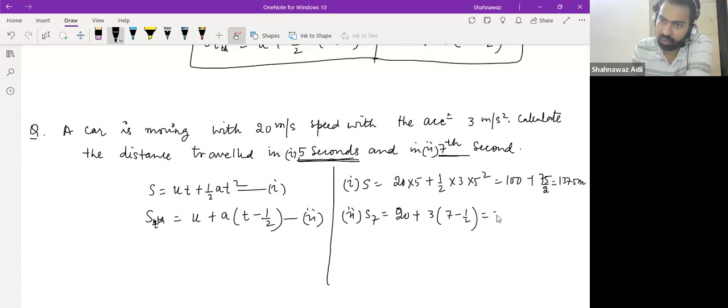So 20 plus 3 and 13 by 2, right? So 20 plus 39 by 2, so 20 plus 19.5, so 39.5 meters.